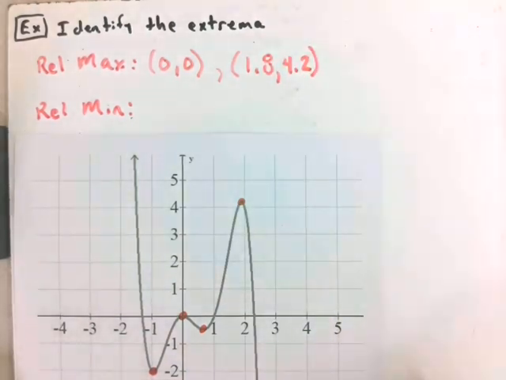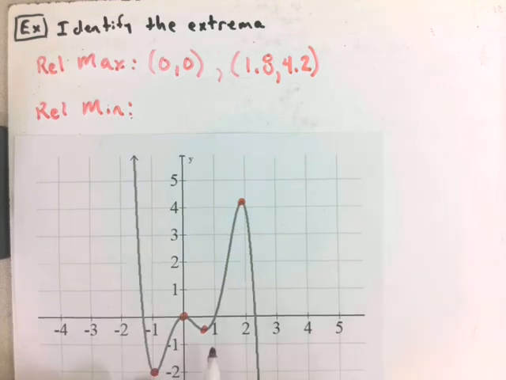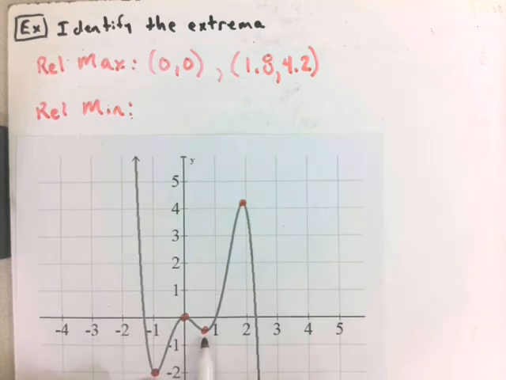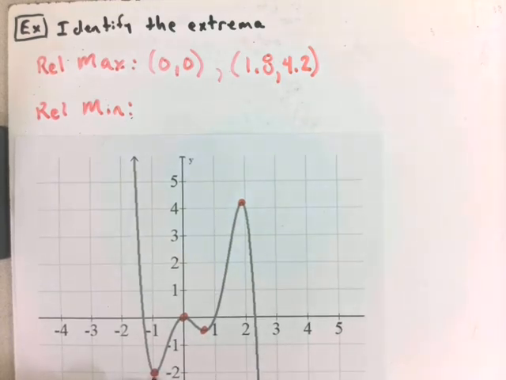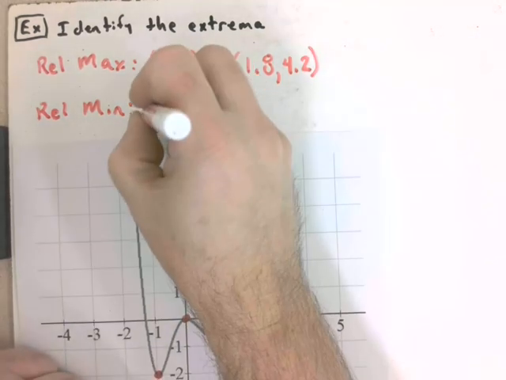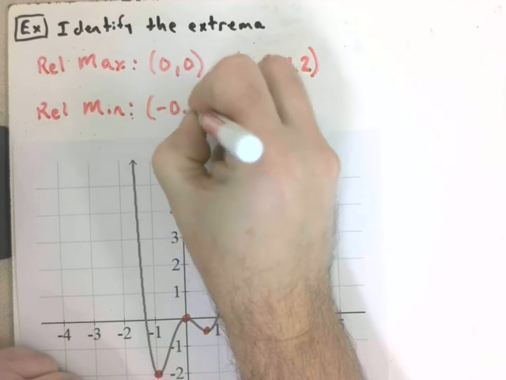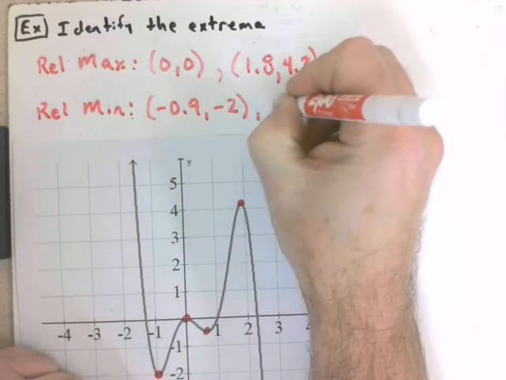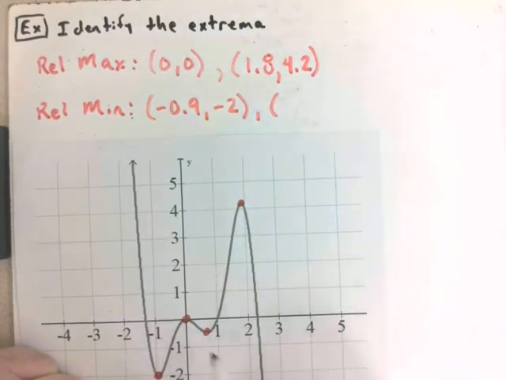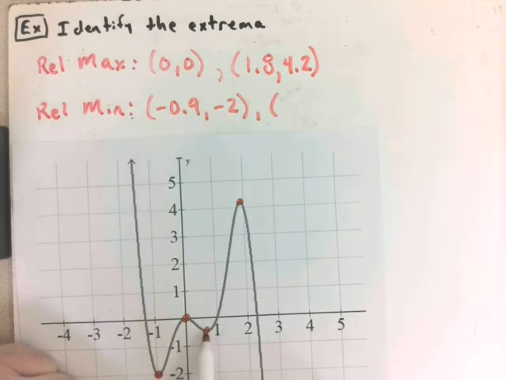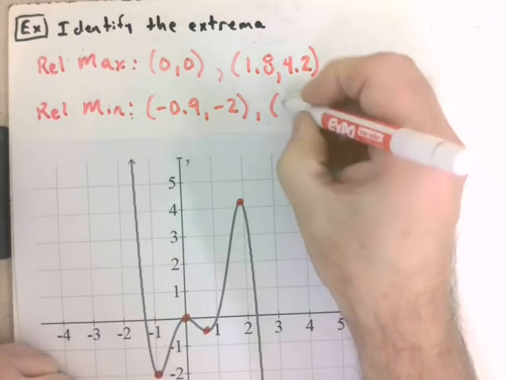That would be a decent ordered pair to approximate that. Both of these are relative minimums. This one looks like it is about negative 0.9, negative 2. And then this ordered pair here looks like it's maybe at about 0.7 and negative 0.4.